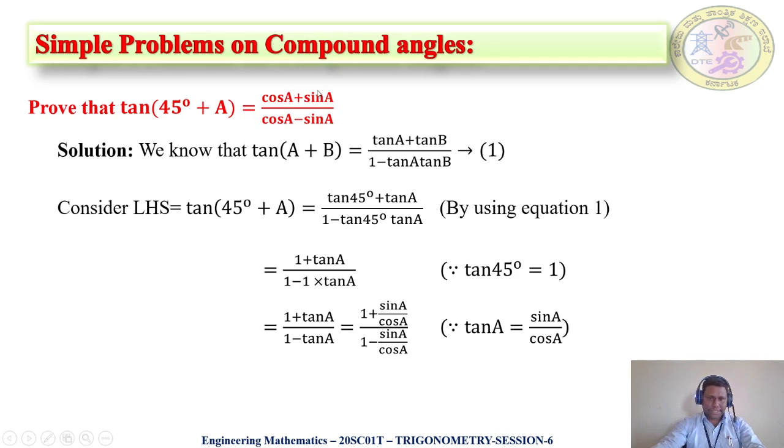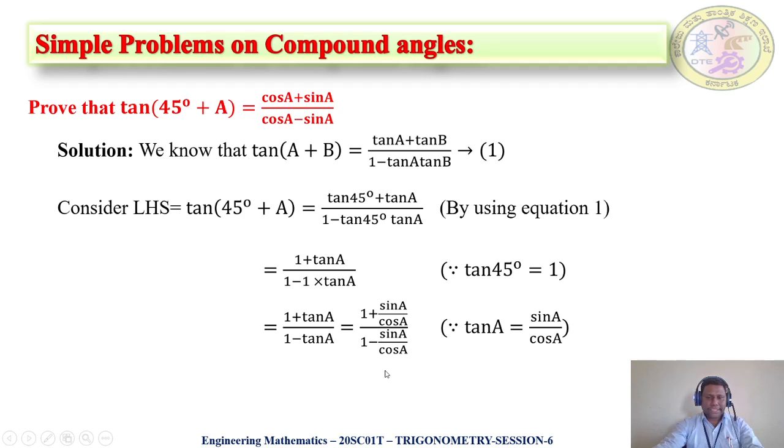To prove this answer, we have to take tan a in terms of sin a and cos a, and we know that the formula for tan theta is sin theta by cos theta. Therefore tan a is equal to sin a whole divided by cos a. So here in the place of tan a, substitute sin a by cos a. In the denominator also, in the place of tan a, substitute sin a divided by cos a.